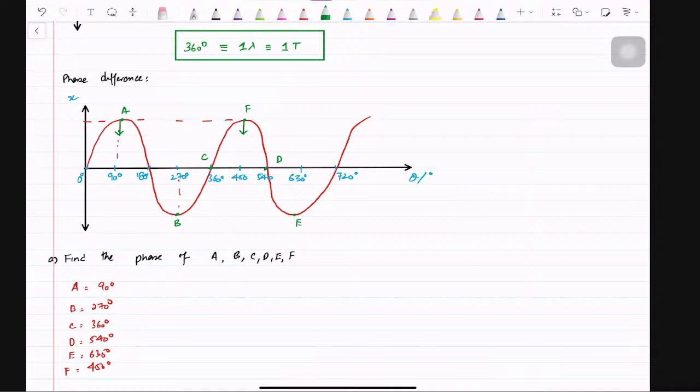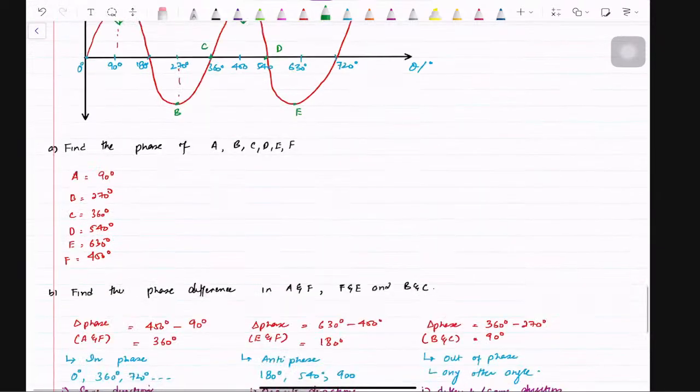Understood? So these 2 points are in phase, and they're both crests, so they also represent 360 degrees, and that's also 1 lambda. That's why we say a lambda is something when 2 points in succession are in phase. Do you understand now the concept behind it? Yeah, I got it.